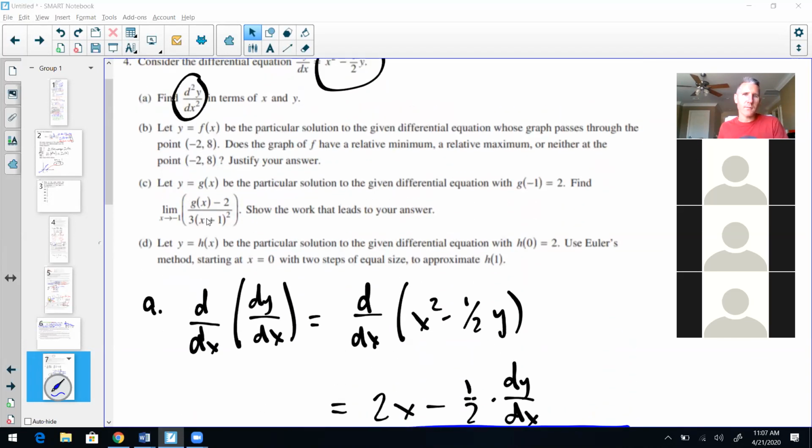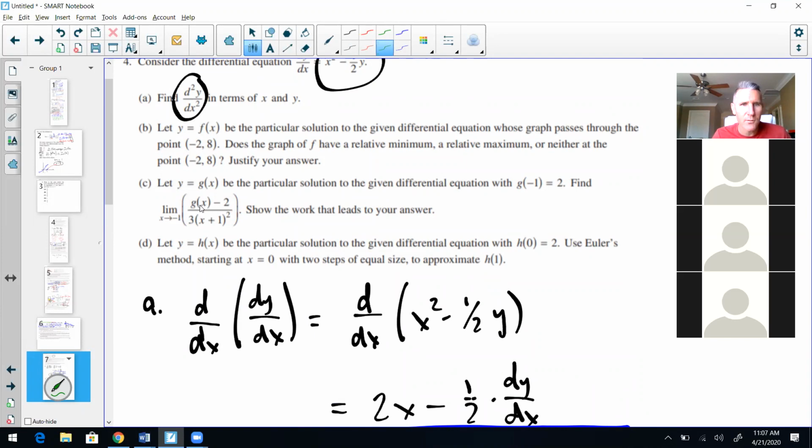I'm going to do it up here, and I'll use green. Find the limit as x approaches -1 of g of x minus 2 over 3 times quantity x plus 1 squared.